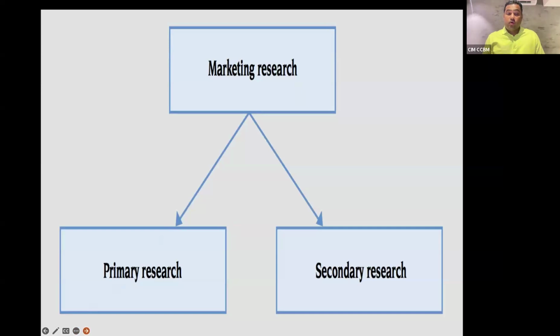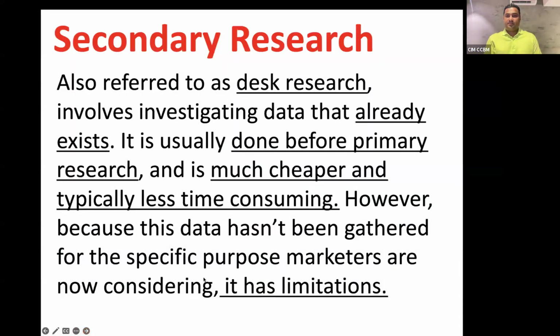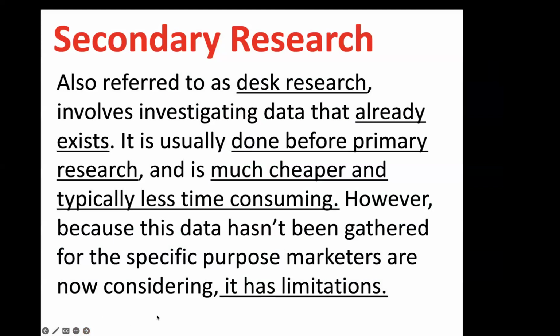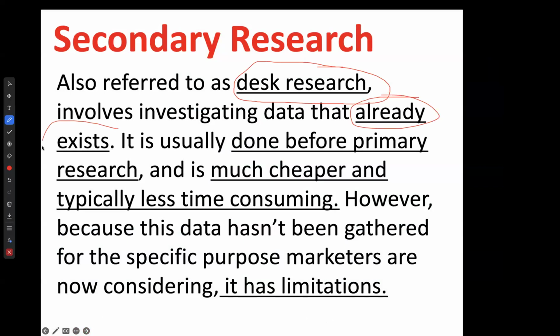Okay, so let's go into now a deeper discussion and define secondary research and primary research. So as per the definition of secondary research, I told you secondary research is also known as desk research. It involves gathering data that already exists inside the organization internally or externally. It is done before primary research.